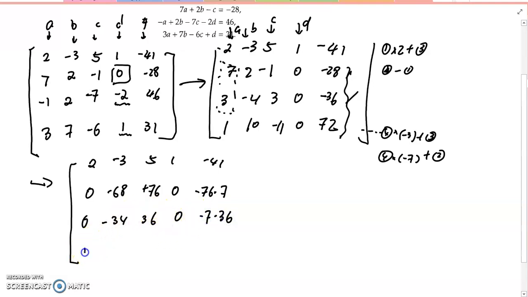And the last is 1, then 10, -11, 0, and 72.